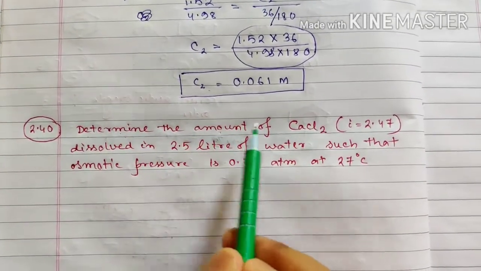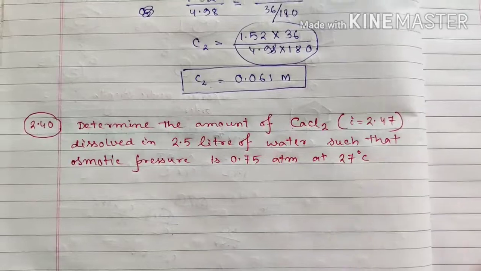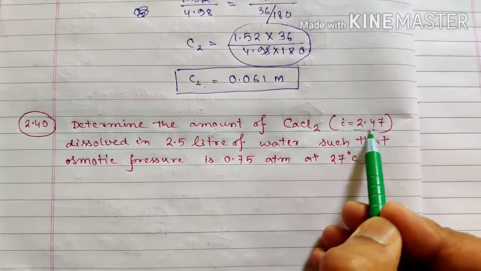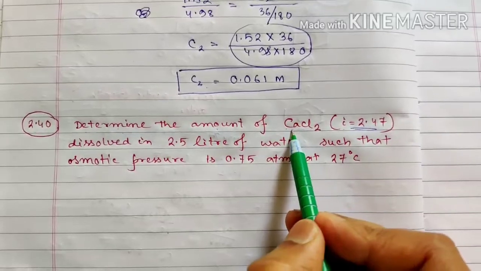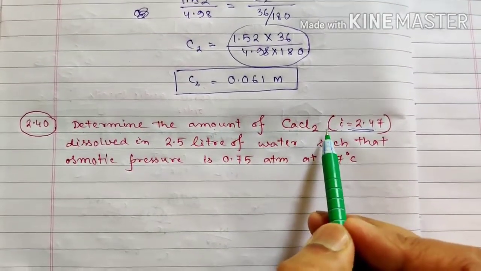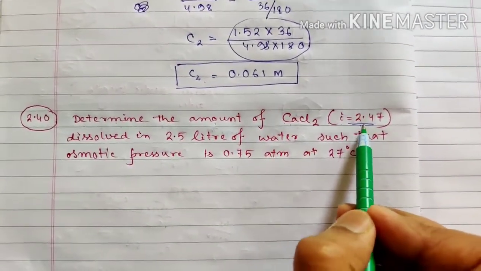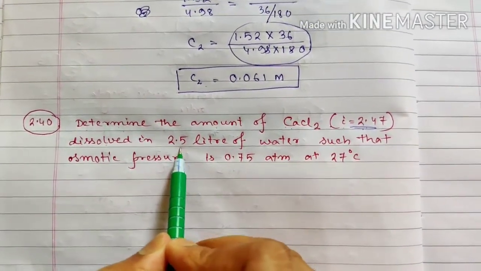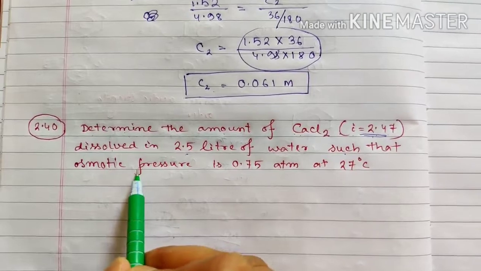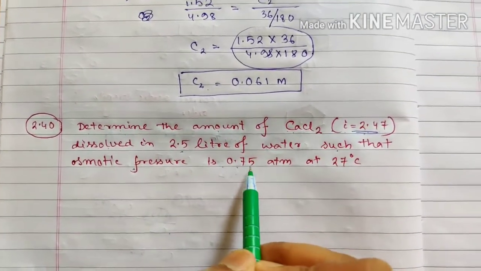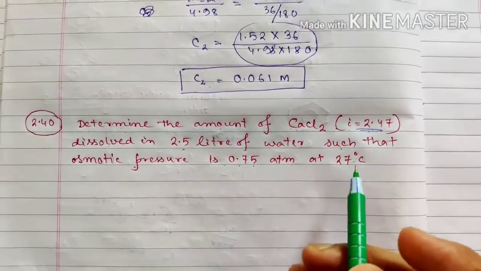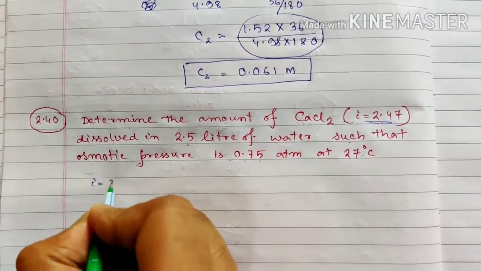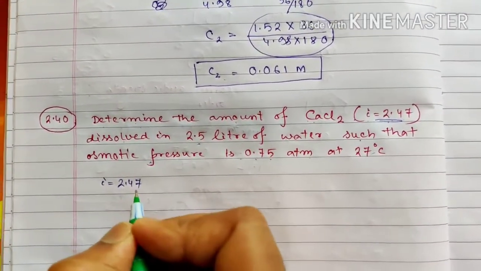Determine the amount of CaCl2, calcium chloride, that is, i is equal to 2.47, which is given. See, the expected i and the given i may not be the same, as you can see. Dissolved in 2.5 liter, so here the volume is given, such that osmotic pressure is 0.75 atm at 27 degrees Celsius.